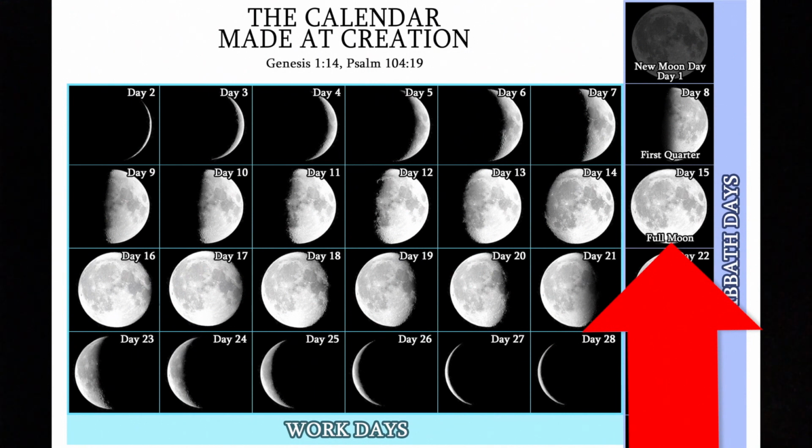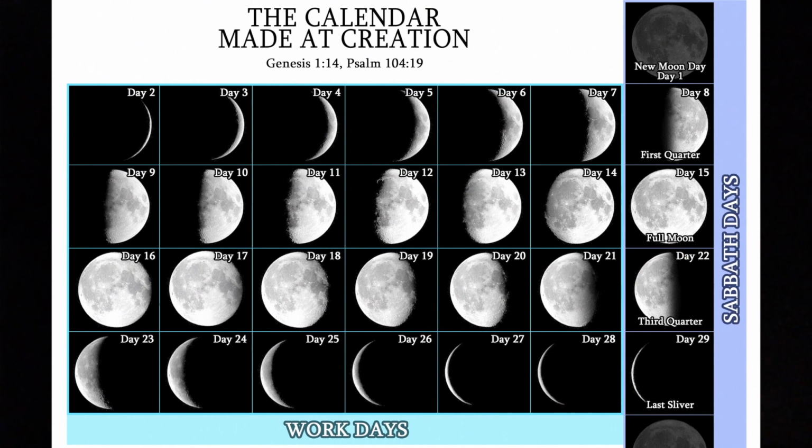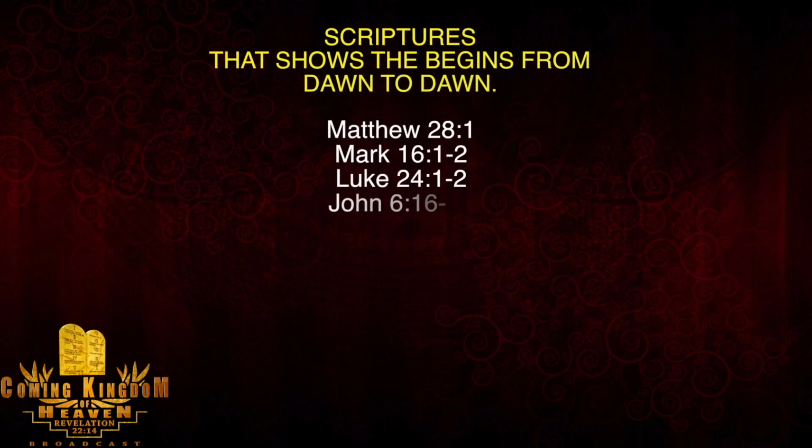So the point is that the day begins from morning to morning. The day does not begin from evening to evening or from the middle of the night to the middle of the night. No. The day begins from morning, from dawn to dawn, as you have seen in these scriptures that we have gone through.